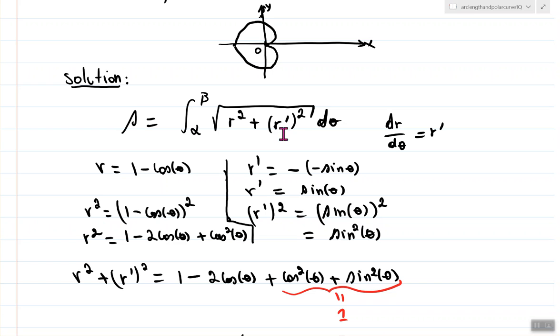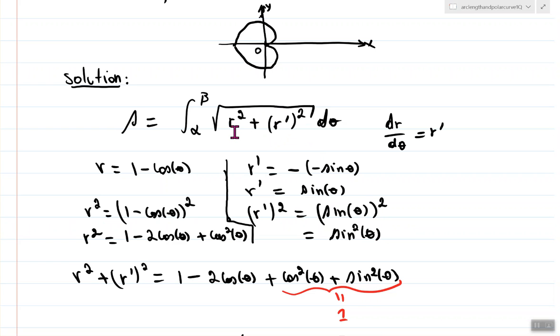The second part says to first take the derivative of r with respect to theta. So r prime is dr d theta. The derivative of 1 is 0. The derivative of cosine theta is negative sine theta, so negative and minus makes it positive sine theta. Then you square it, you get sine squared theta.